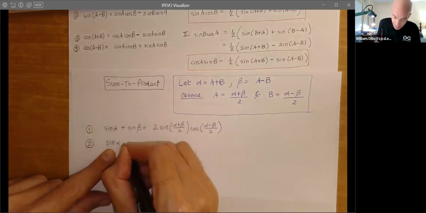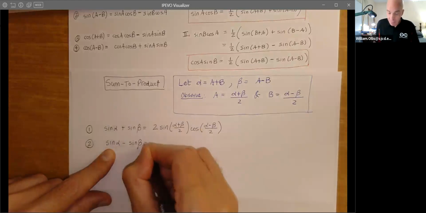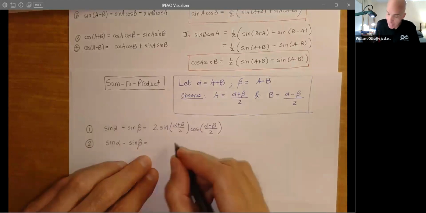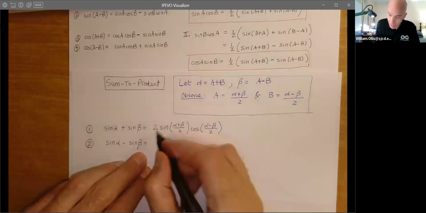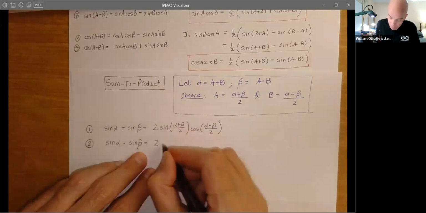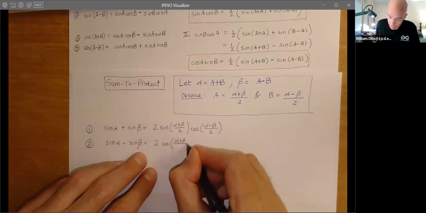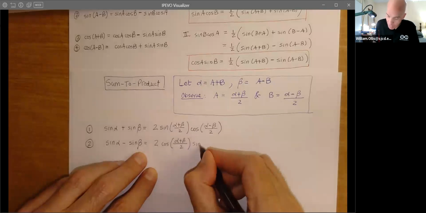This is what you can use to prove differentiability theorems and continuity theorems in Cal 1. So we have sine alpha minus sine beta multiplied by 2 and get cosine alpha plus beta over 2, sine alpha minus beta over 2.